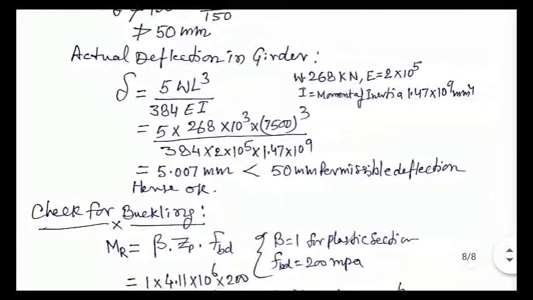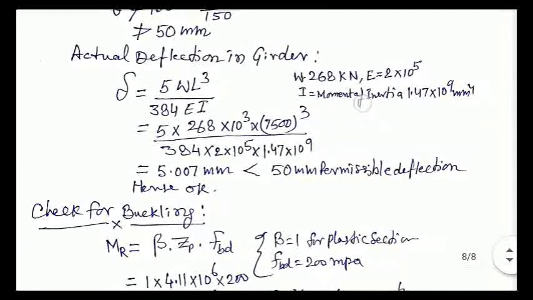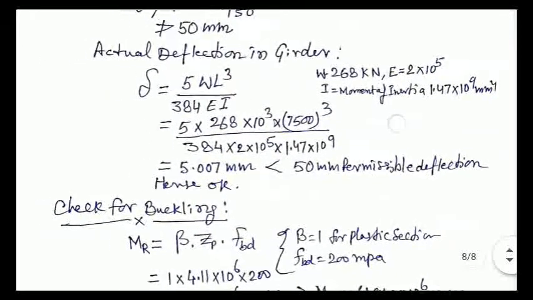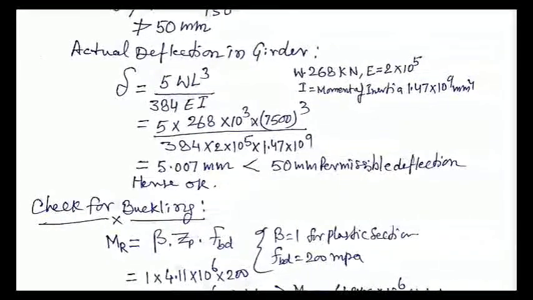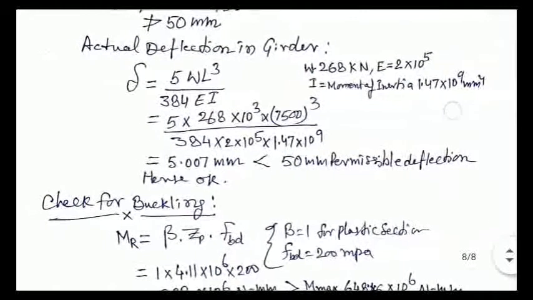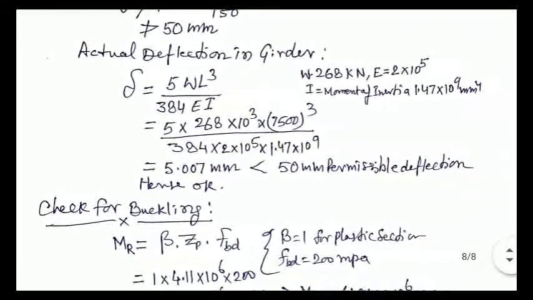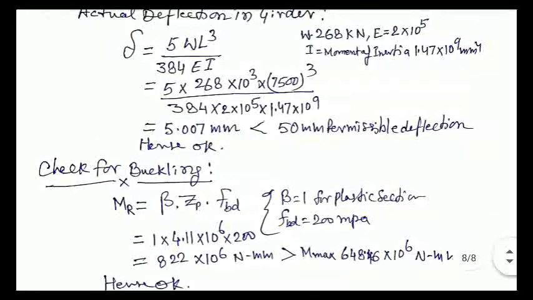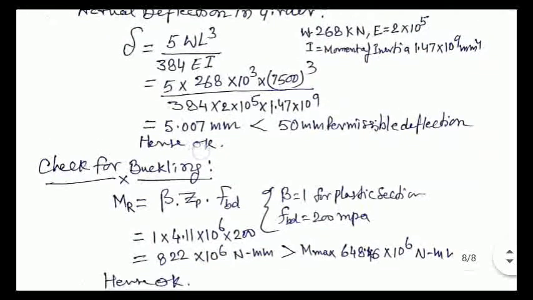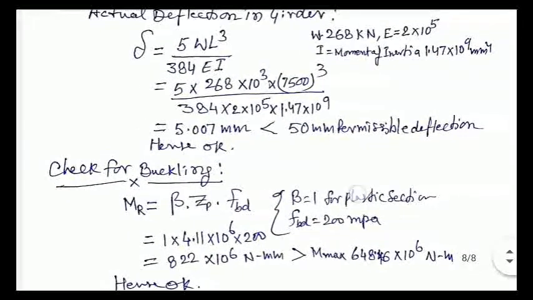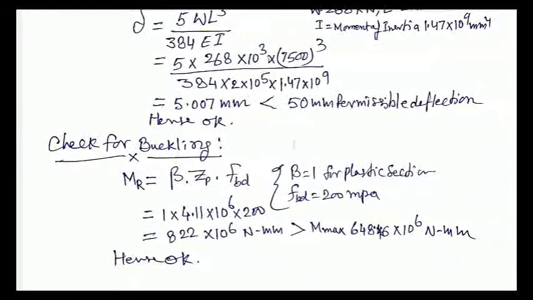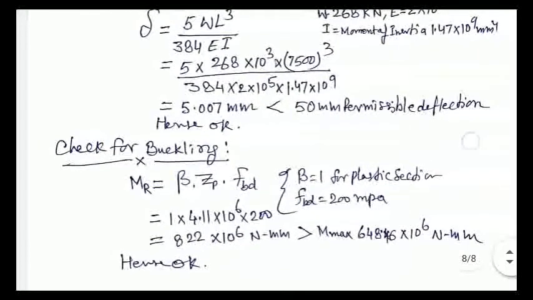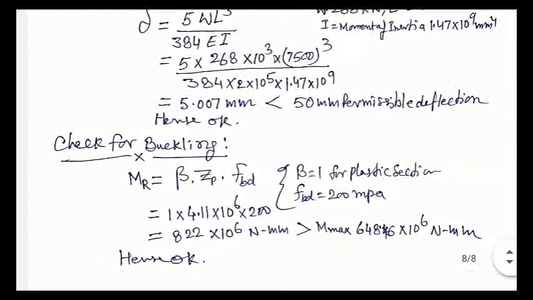Here W is 268 kilonewton, the wheel load, and E is Young's modulus 2 into 10 raised to power 5. I is the moment of inertia, which we have already taken out, 1.47 into 10 raised to power 9 mm4. On solving this, delta comes out to be 5.007 mm, which is far less than the 50 mm permissible deflection. So hence our design is okay.